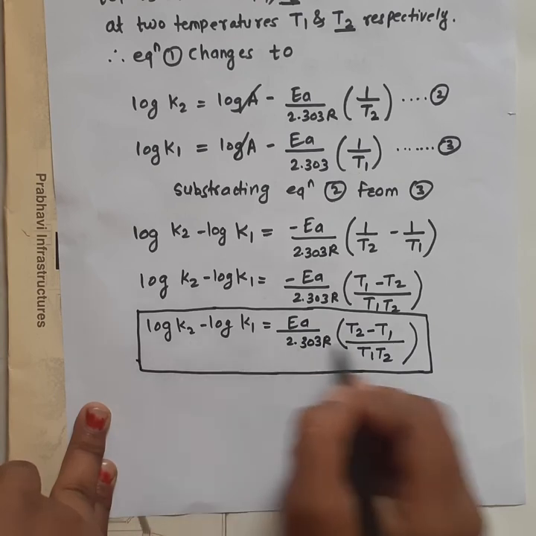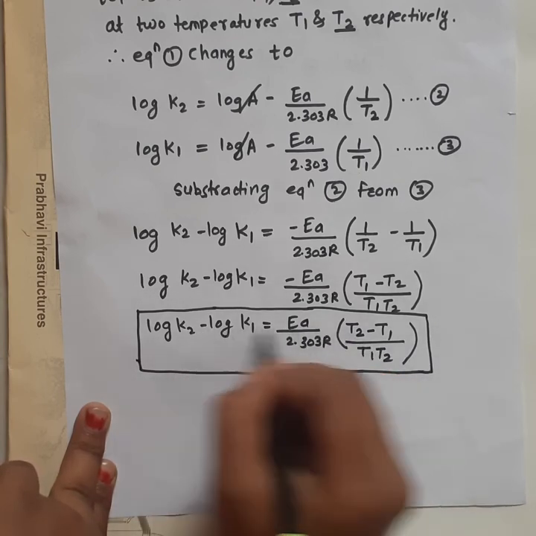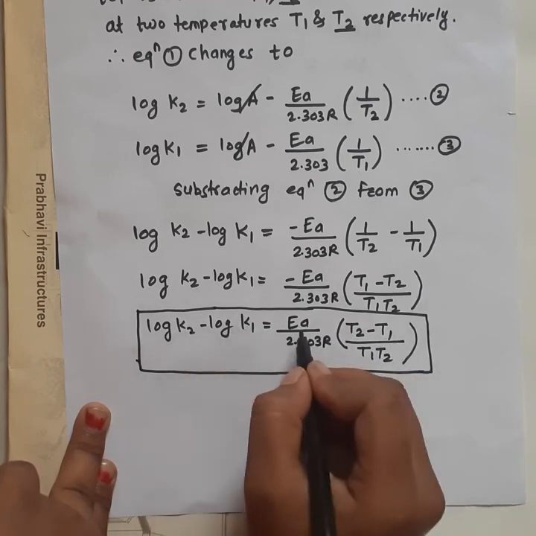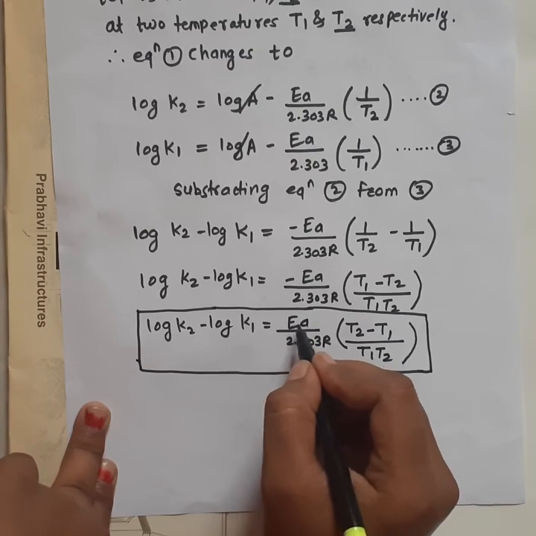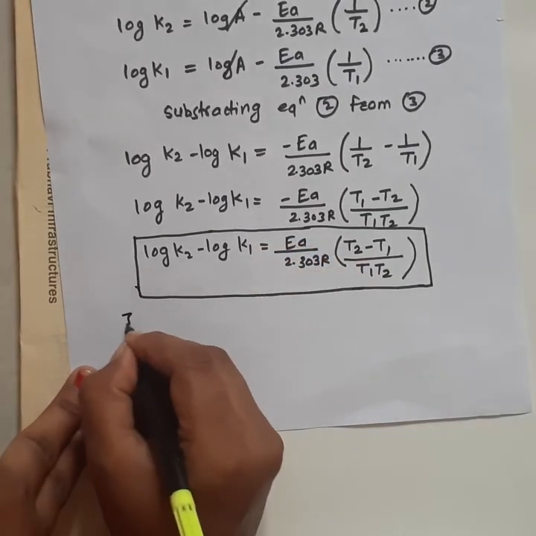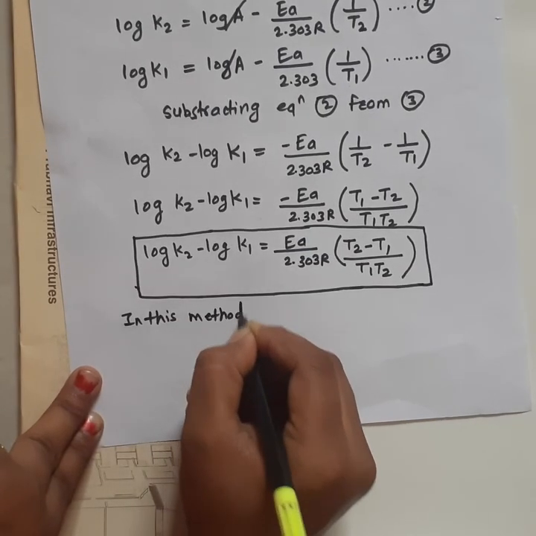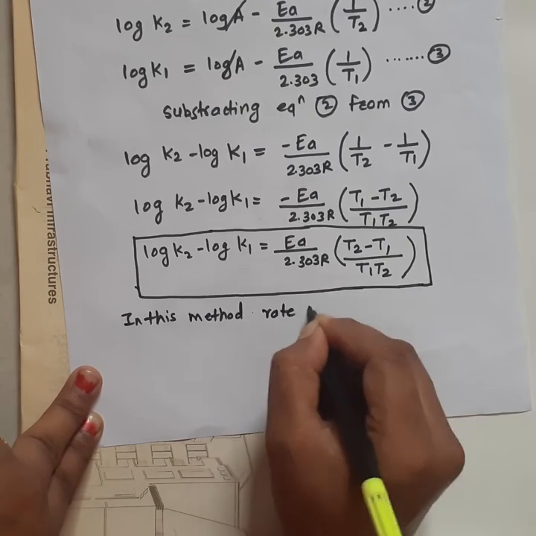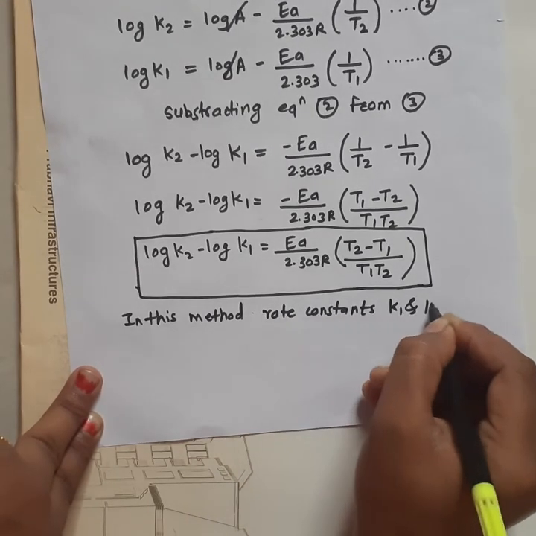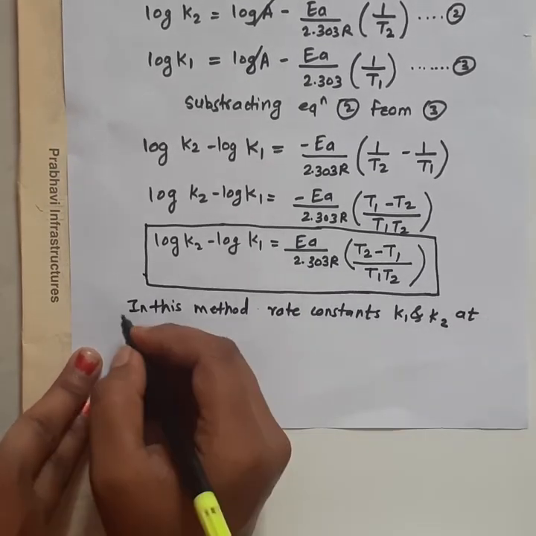So for the two temperatures we determine the rate constants, and from these two rate constants we can determine the energy of activation.